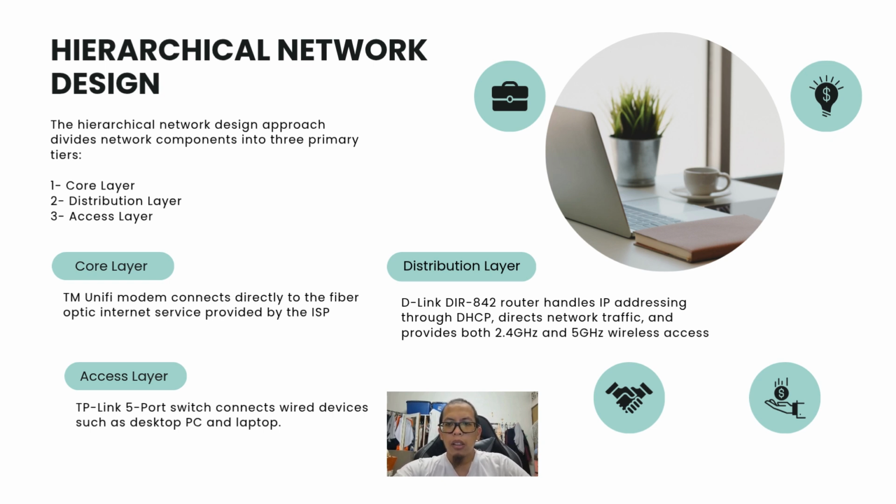Then the second one is the distribution layer. The D-Link DIR-842 router model handles IP addressing through DHCP, directs network traffic, and provides both 2.4 GHz and 5 GHz wireless access for all devices with wireless capability.